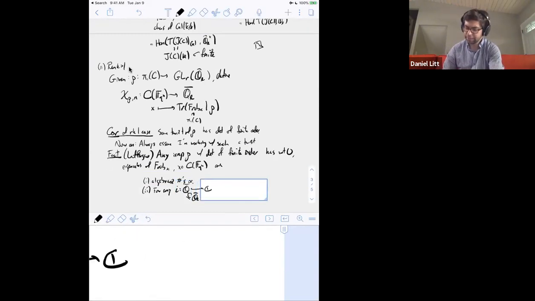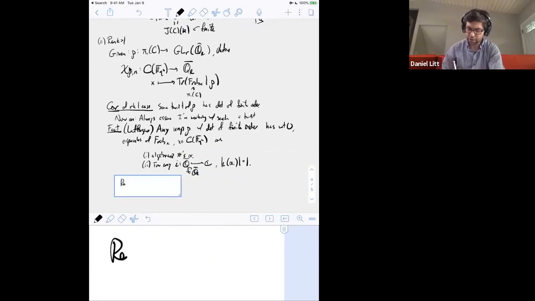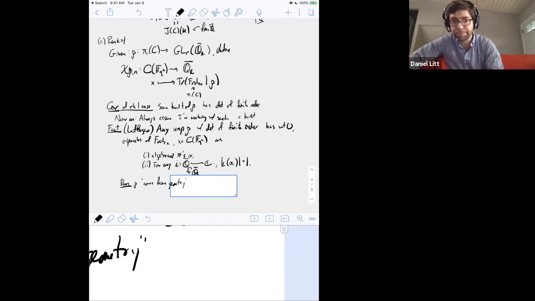So for any embedding of Q bar into C, what we know is that ι of these α_i has absolute value 1. Okay, this is really not obvious. I mean, even the fact that these numbers are algebraic numbers is really not obvious. So maybe it's worth remarking, this is a corollary of a much stronger thing Lafforgue proves, namely that ρ kind of comes from geometry. So it comes from the cohomology of a family of varieties over C.